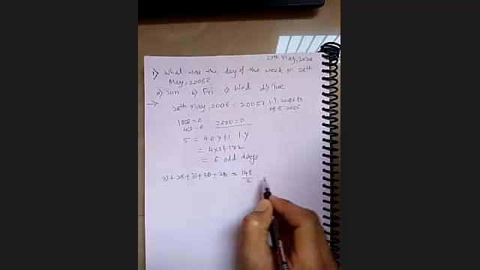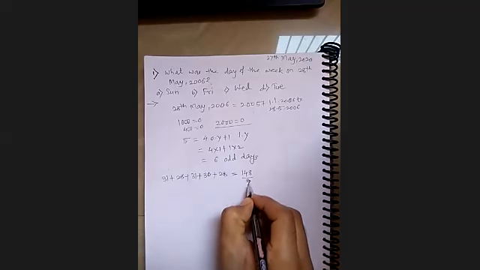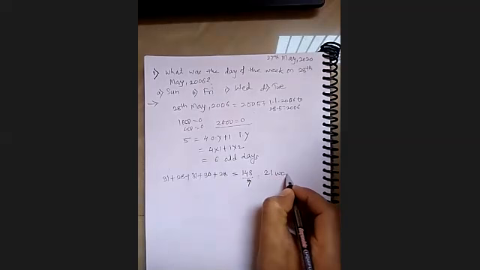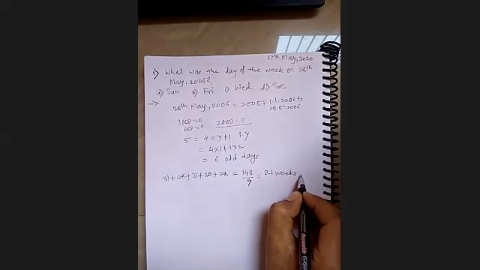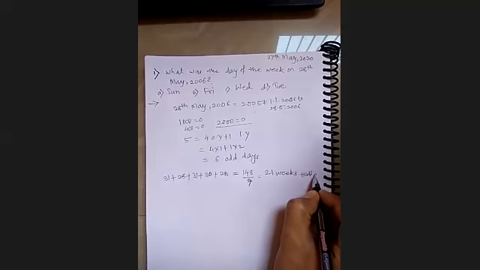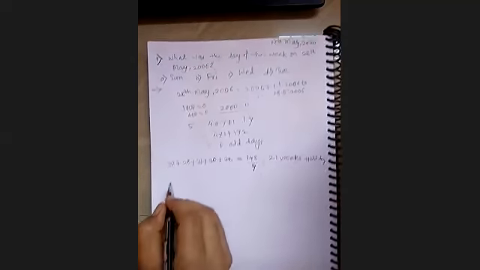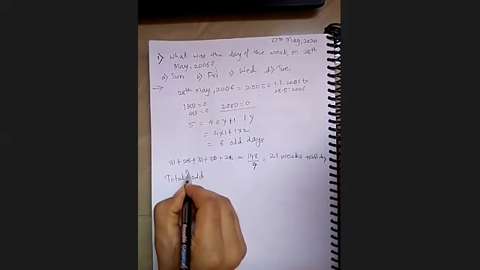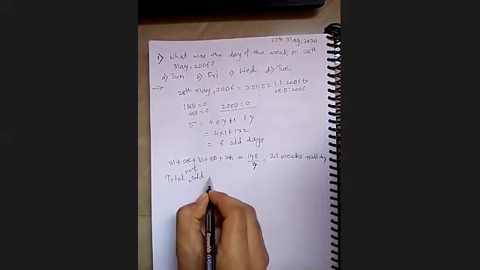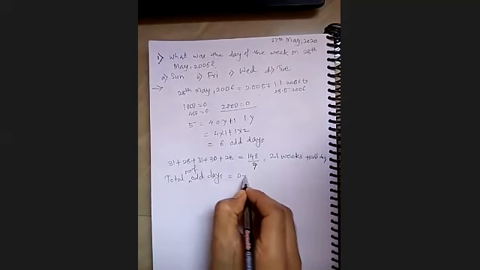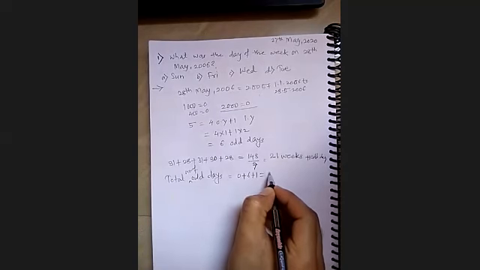So divided by 7, so 21 weeks will be there, plus 1 odd day, and therefore the total number of odd days will be equal to 0 plus 6 plus 1 is equal to 7.